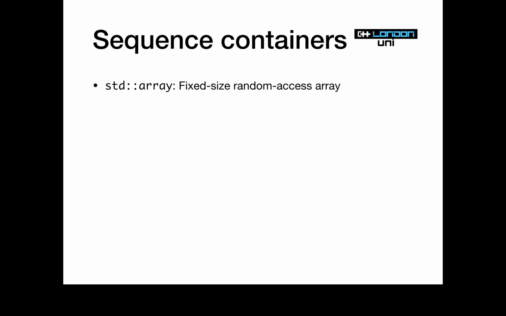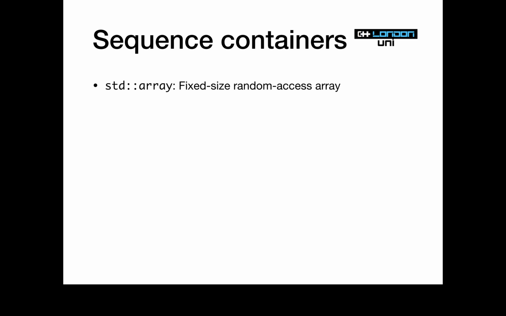So I went over these last week, so I'll just do it very quickly again today. If you wanted to go into these in a bit more depth, then the video from last week is available on YouTube. But sequence containers: we've got std::array, which is a fixed size array of n elements.